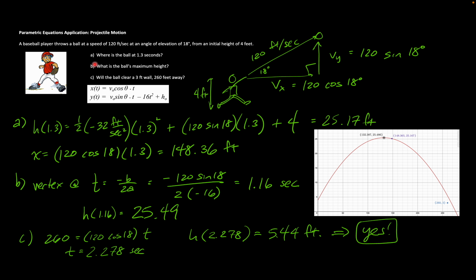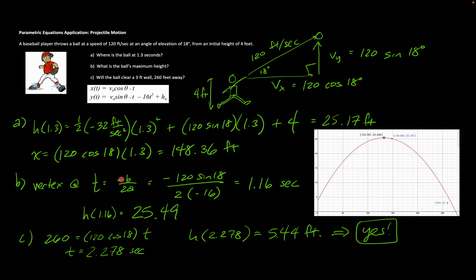In part B, we were asked to find the ball's maximum height. The way I'm going to do that is find the vertex of the parabola that represents the motion. So the vertex of any parabola in variable t can be found by looking at the coefficients of the quadratic equation a, b, and c and evaluating minus b over 2a. That's the x-coordinate of the vertex.